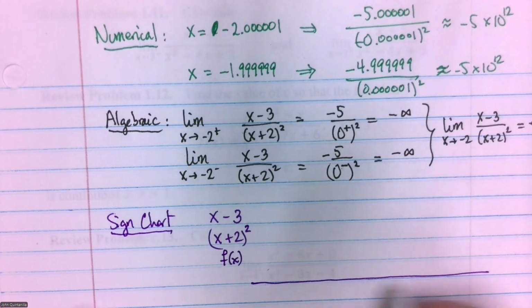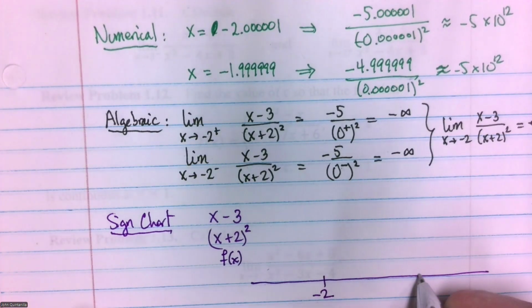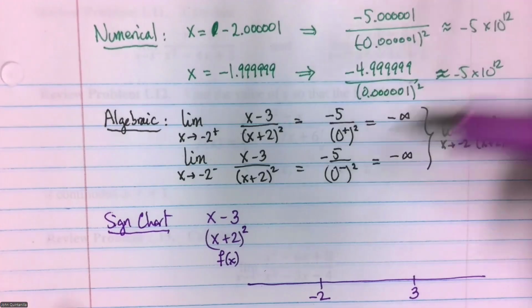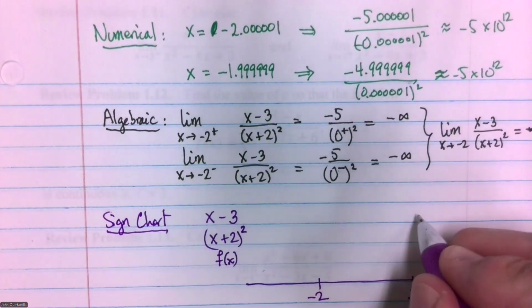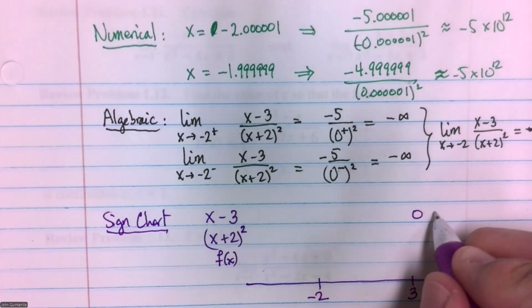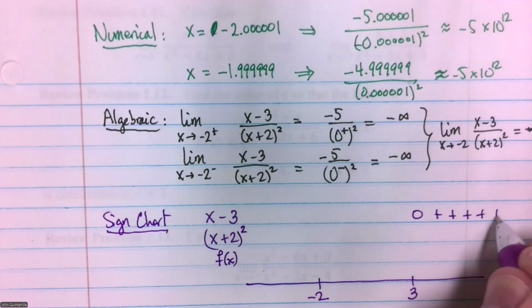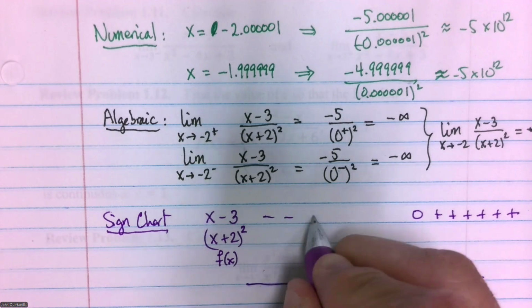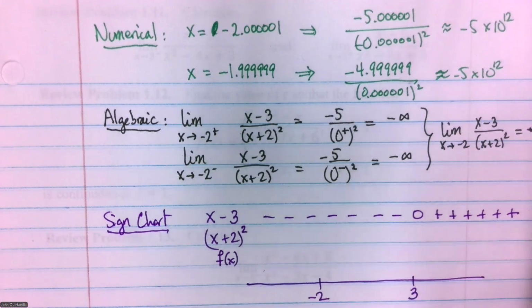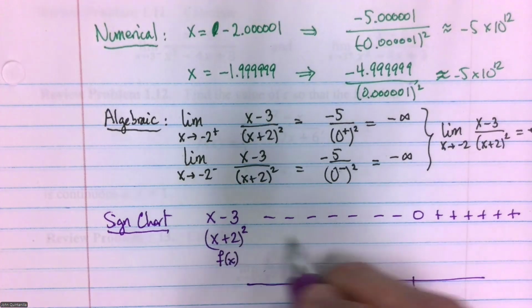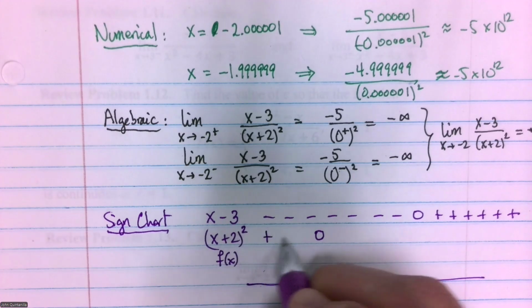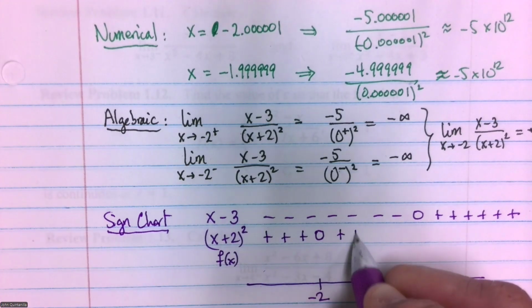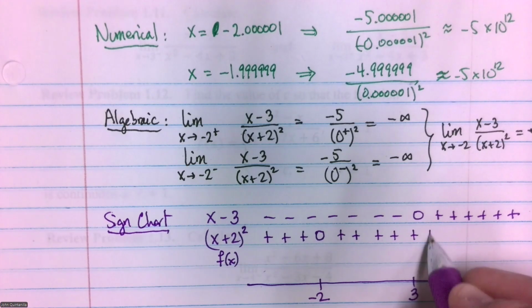The points of interest are going to be -2 and 3. For x - 3, if I plug in 3, I get 0. Something bigger than 3 gives positive, and less than 3 gives negative. For (x + 2) squared, if I plug in -2, I get 0, and anything else, because I'm squaring it, gives something positive.